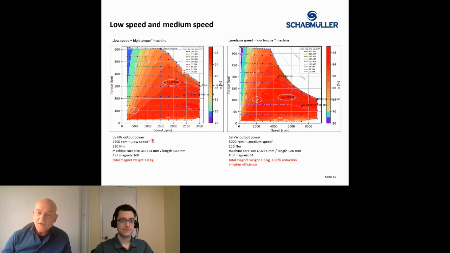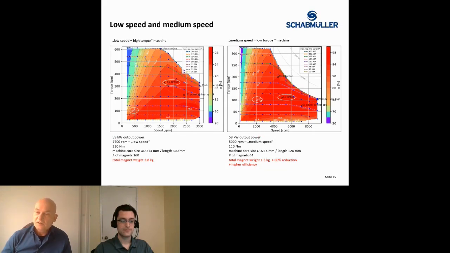If you have an application which requires that low speed output, in order to make use of that higher speed output, you need to add a gearbox between your application and the electric machine. And of course, this gearbox will also have an efficiency.